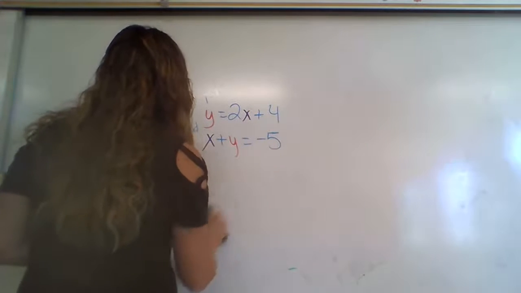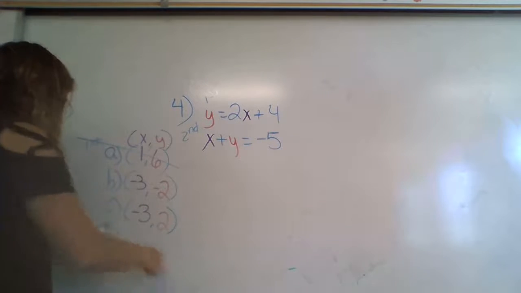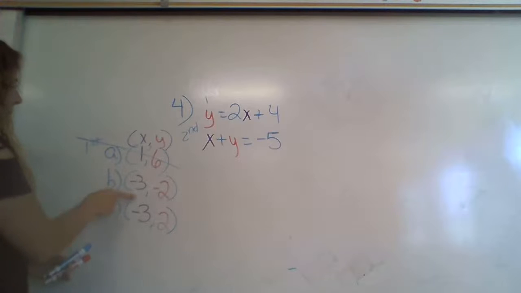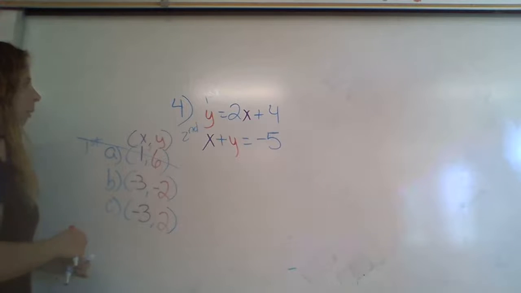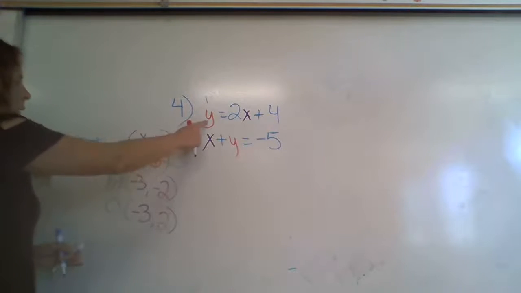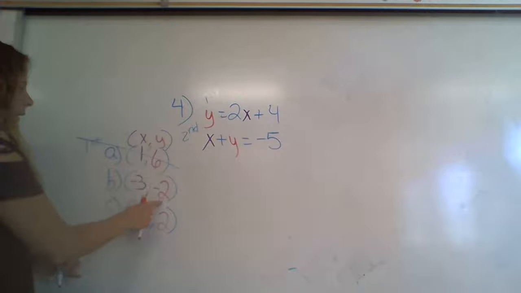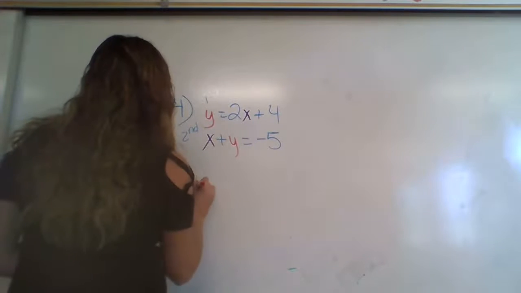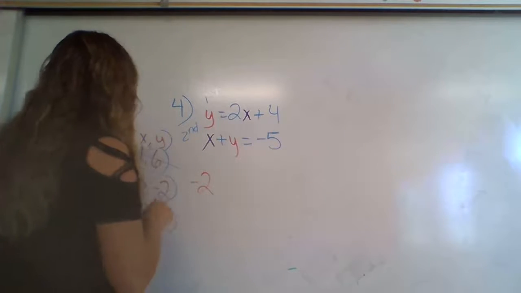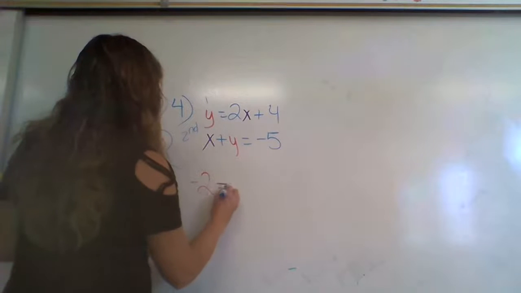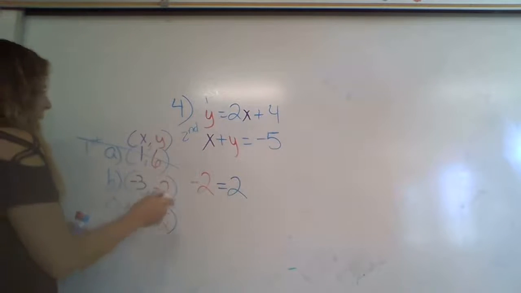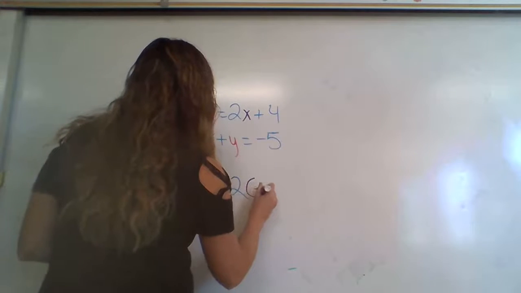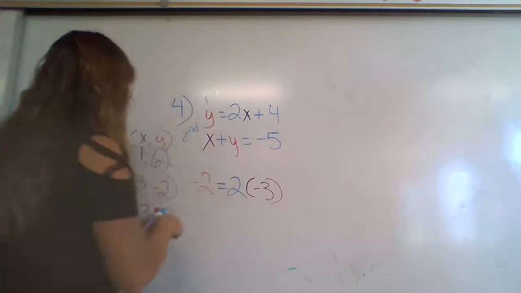Okay. Moving on. Let's do B. So we're going to substitute -3 and -2 into our equations. Start with the first equation. Y is -2 equals 2 times x. X is -3, plus 4.